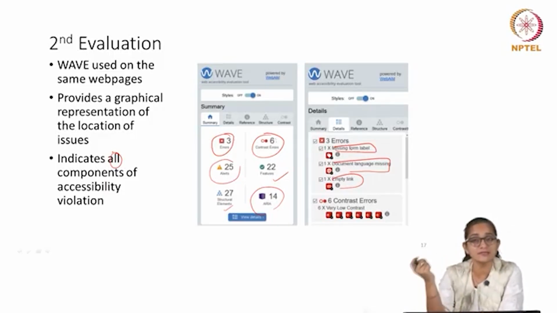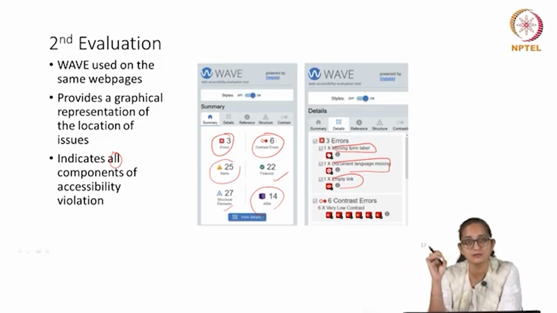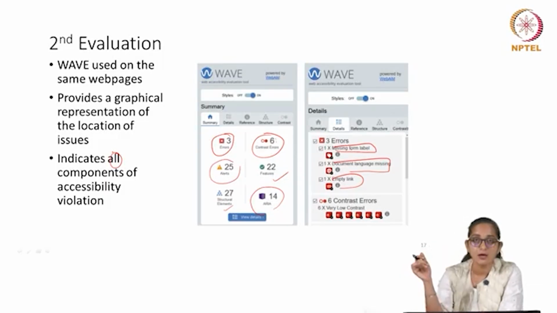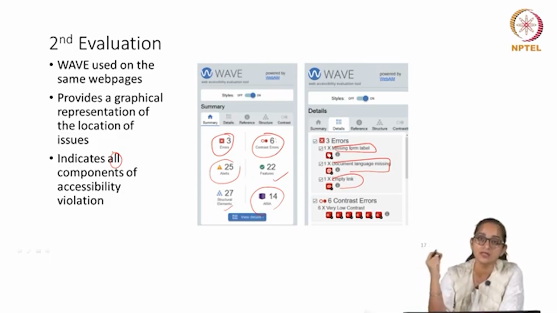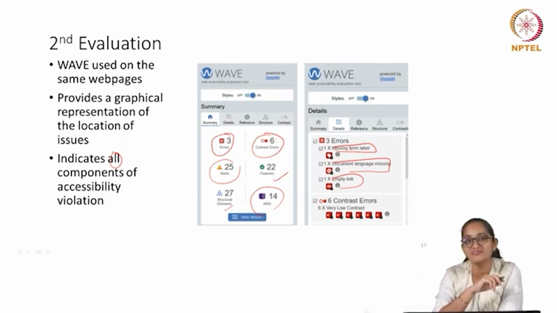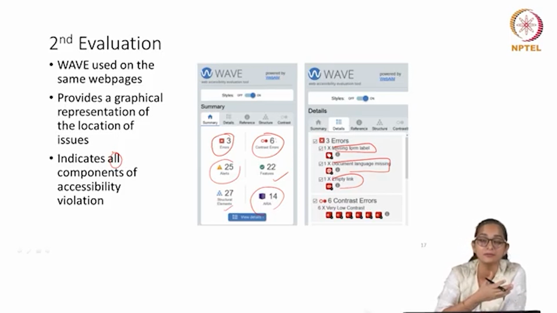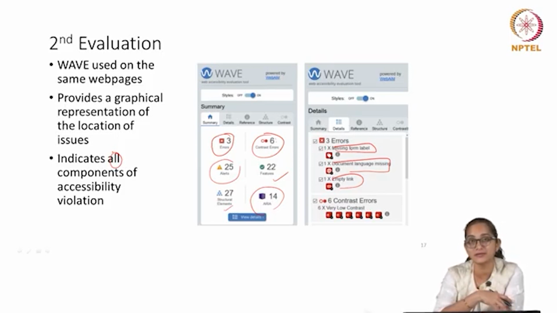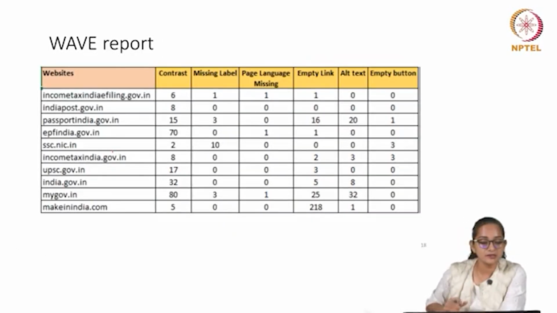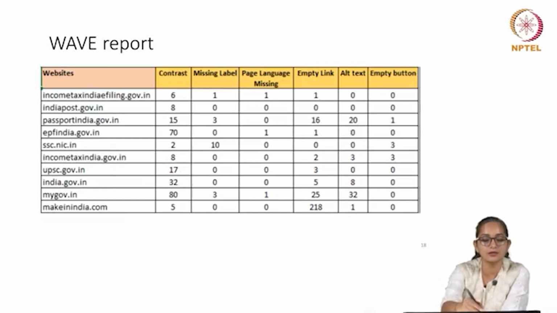So, for example, if it says 0 errors, labels are there, but they are semantically not meaningful, your website may still fail accessibility evaluation by an auditor, because they are not semantically compliant and they fail the understandable principle related criteria.